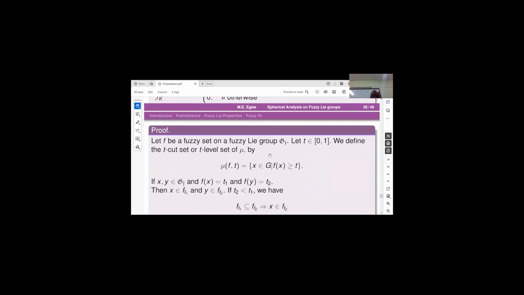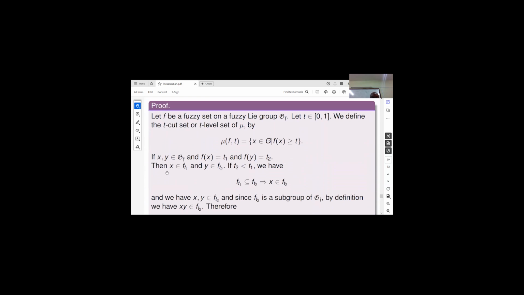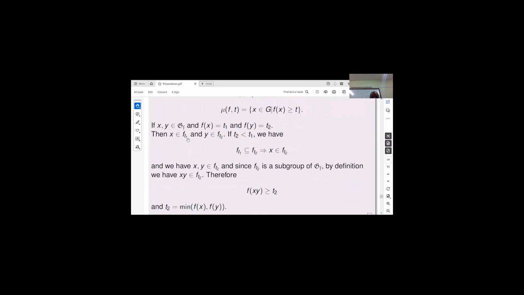We let F be a fuzzy set on a fuzzy Lie group G, and with T here, we get a T-cut set. In fact, by a T-cut set, we mean a membership function which satisfies this condition: if x and y are elements of this fuzzy Lie group, and F of x is T1, and F of y is T2, then that is taken from the T-cut set, and x belongs to F_T1 and y is in F_T2. These F_T1 are membership functions of F_T1, and these F_T2 are membership functions of F_T2.